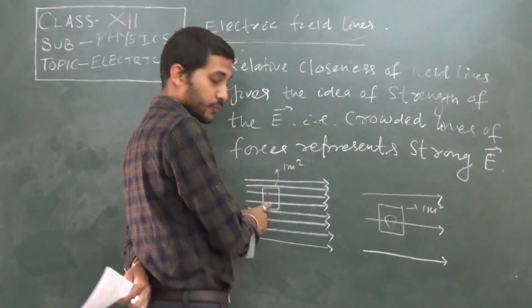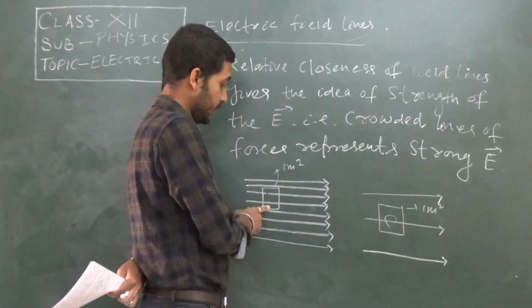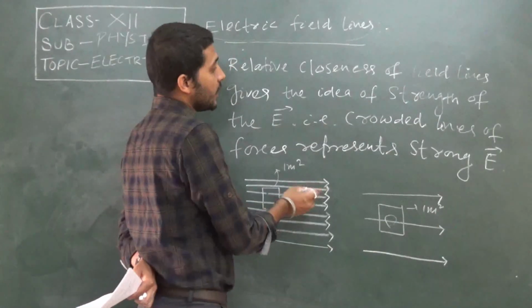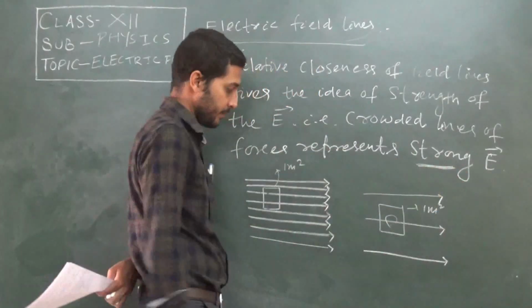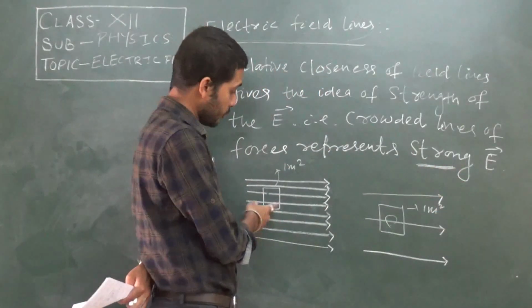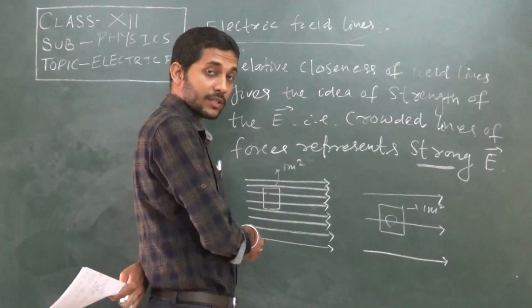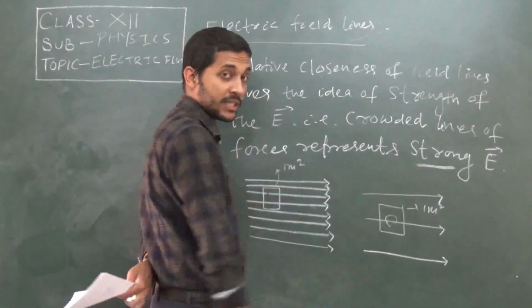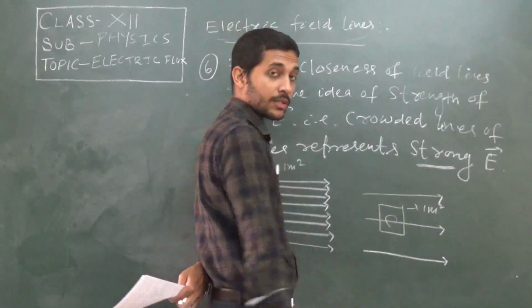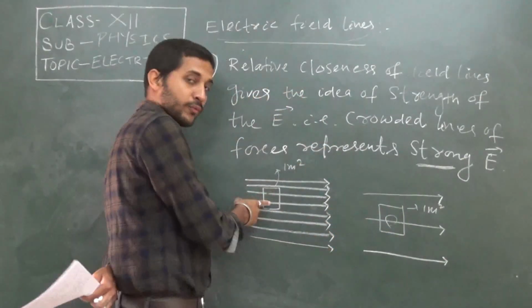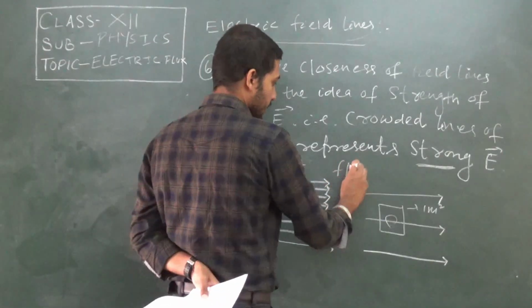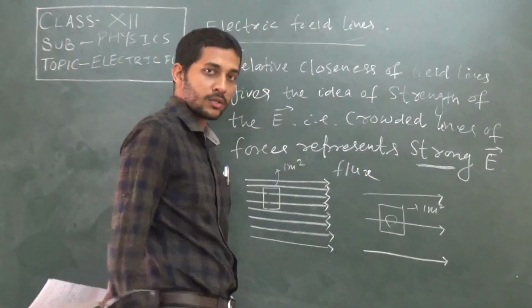So the lines of force always represent the field strength, or the strongness of electric field. If the lines of forces are crowded, they will always give you the idea about the strong electric field. If they are spread out, it always gives idea about the weak electric field. So the number of lines of forces is also called flux. Next we will read about them. Got this one?